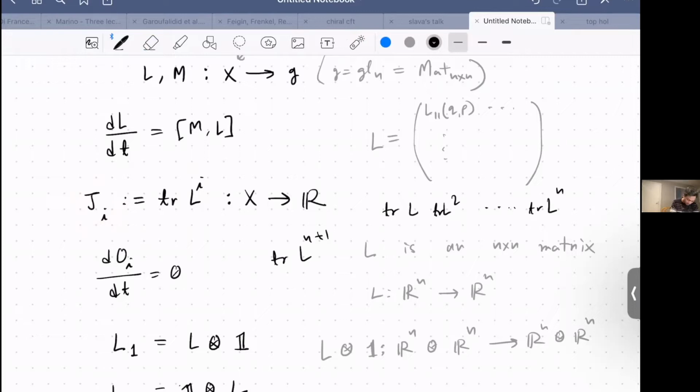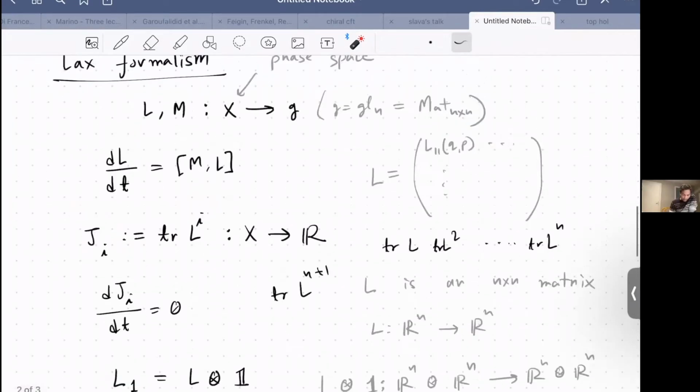I see. And what are these Li's? How should I think about them? Do I have to construct them for each individual theory? These L matrices? Yes, L or Li's. Well, so Li is just L put in some factor. There's nothing non-trivial about L1 if you know L. But there is no prescription for how you can construct L given just a Hamiltonian and the phase space.